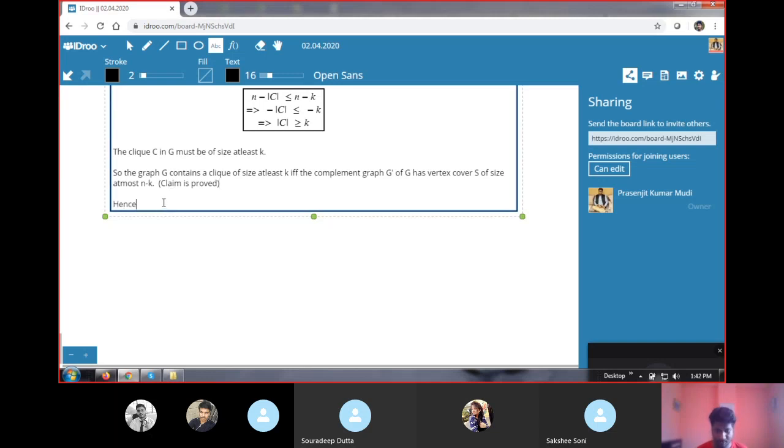So is there any clique in the graph? Yes, there is a clique in the graph. How? Because the complement graph is containing a vertex cover of size at most n minus k, which is the claim.